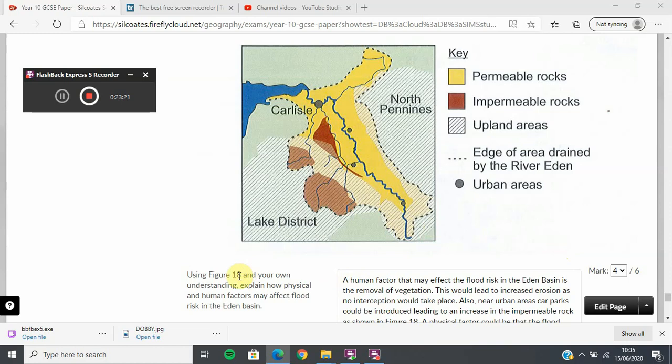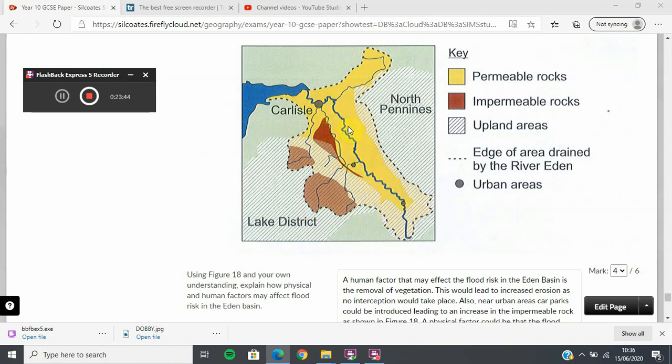So in figure 18, I can see there's four urban areas. These 4 urban areas will maybe have a lot of concrete in them, which will increase the runoff of water going into the river very quickly. Okay, they are also located right next to the river.